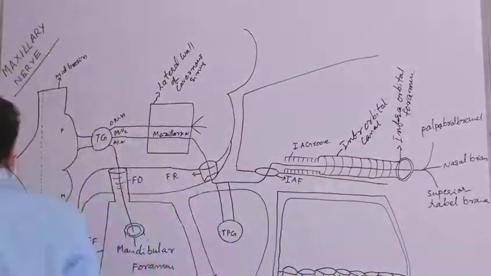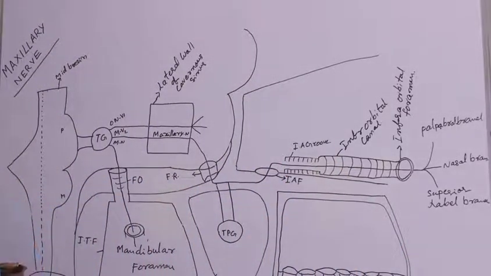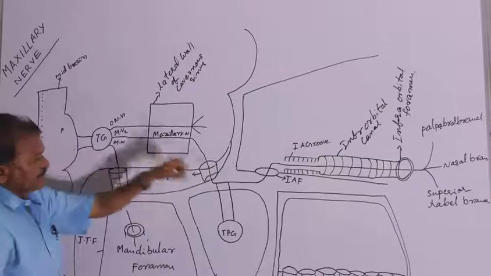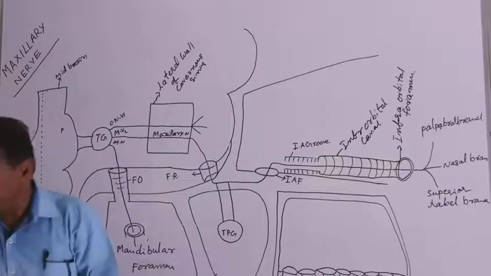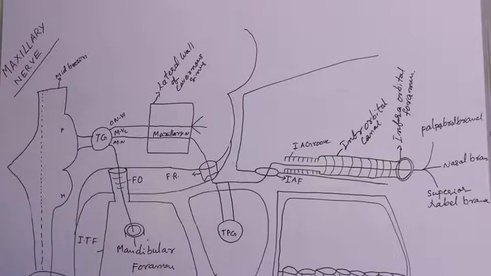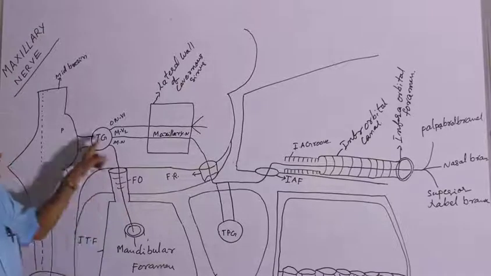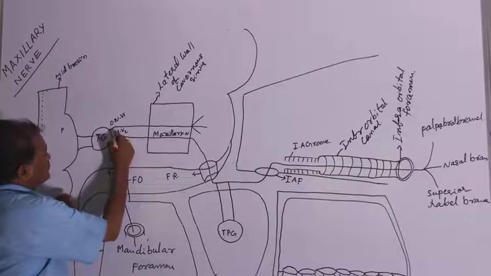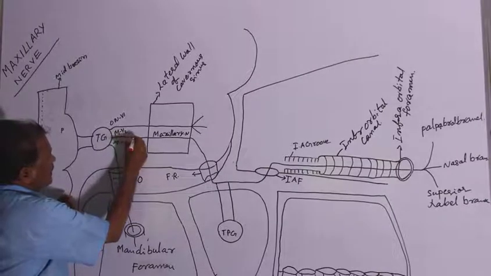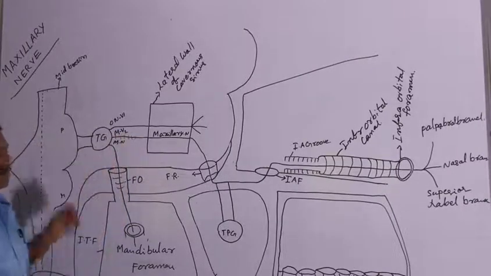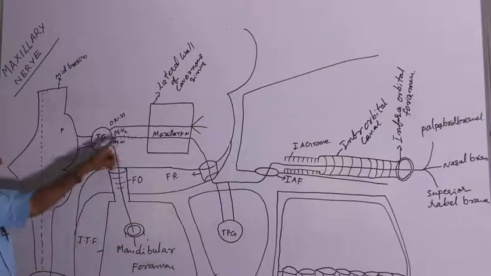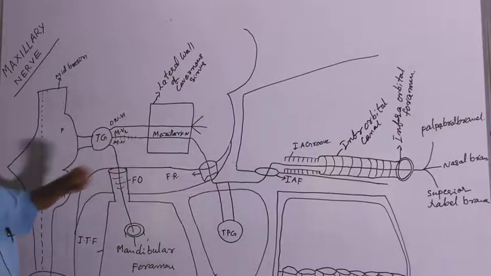So here, first you see the maxillary nerve. The maxillary nerve arises from the trigeminal ganglion. This one is the trigeminal ganglion. From the anterior margin of the trigeminal ganglion, it gives the maxillary nerve.